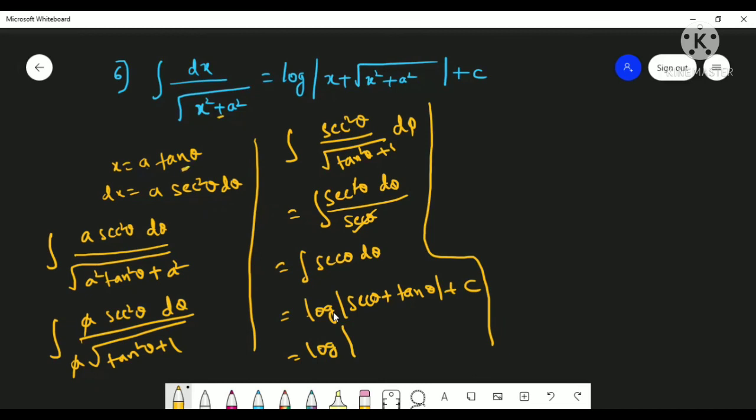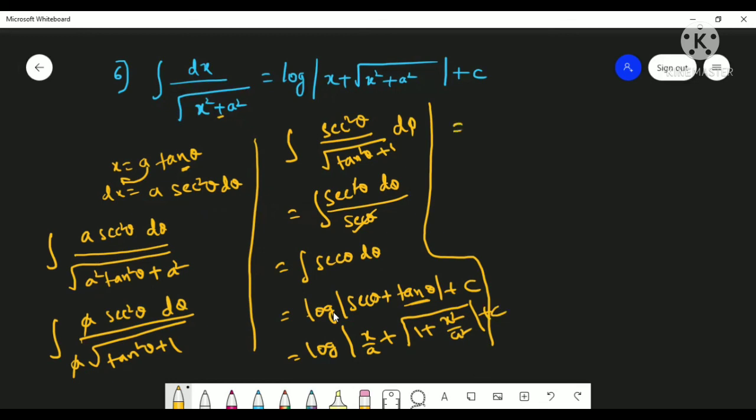That is x by a. If a comes to this side, in the place of tan theta I will write x by a. What is secant theta? Do you know that 1 plus tan square theta is secant square theta? Then secant theta is equal to square root of 1 plus x square by a square, plus c.